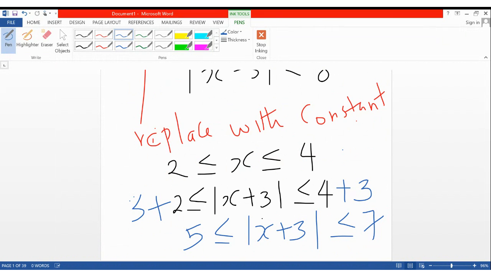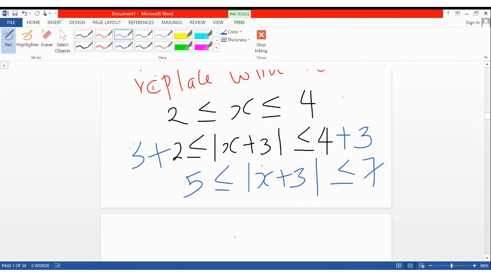So which value will you pick here to satisfy our inequality? I will recommend you take this value here. We ignore this one, because remember our delta is always less than. So I'll take only this one: the magnitude of x plus 3 is less than or equal to 7.